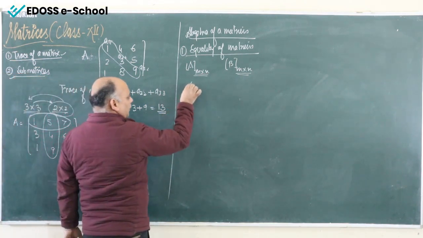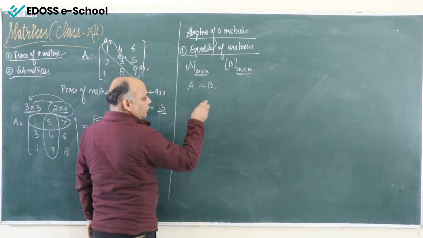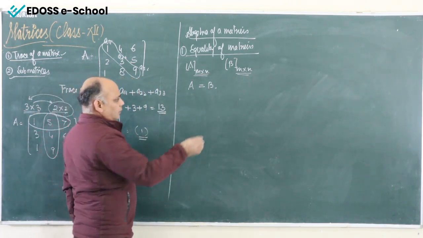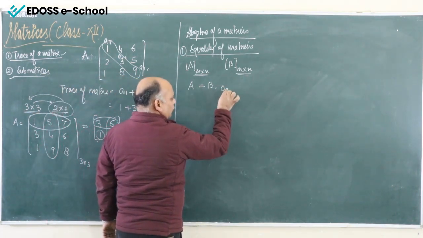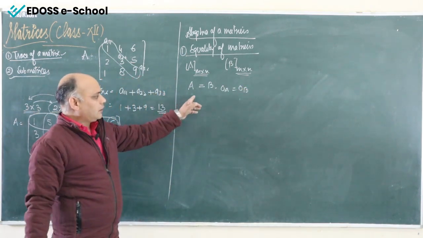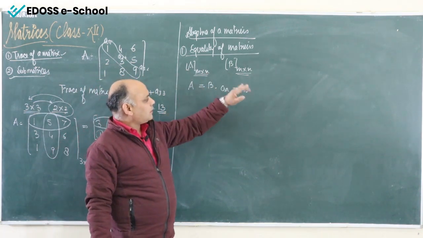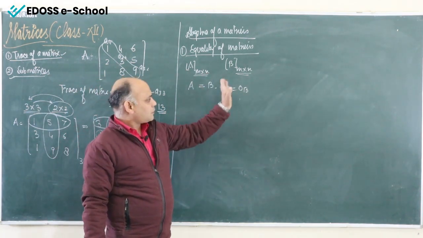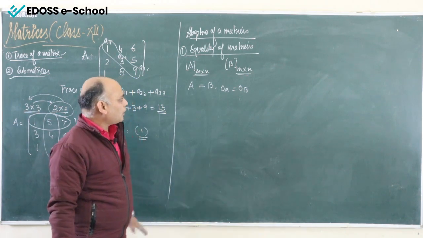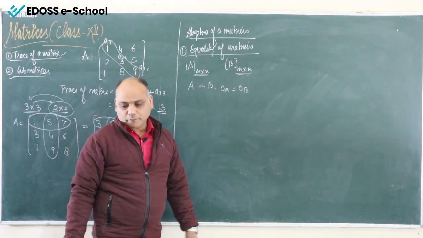That means A will be equal to B if and only if the order of A is equal to the order of B and the corresponding entries are also equal. Then we use this symbol for the equality of matrices.